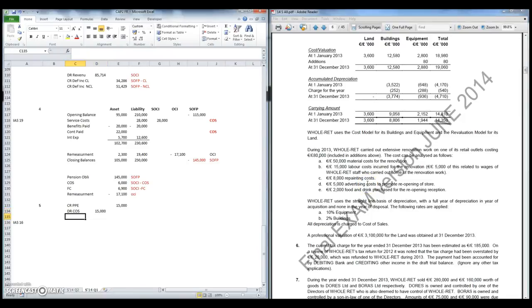And then you'll say inappropriate capitalization of expenses as per IAS 16, just to be consistent. And I will put here, just to copy down, cost of sales, don't forget.